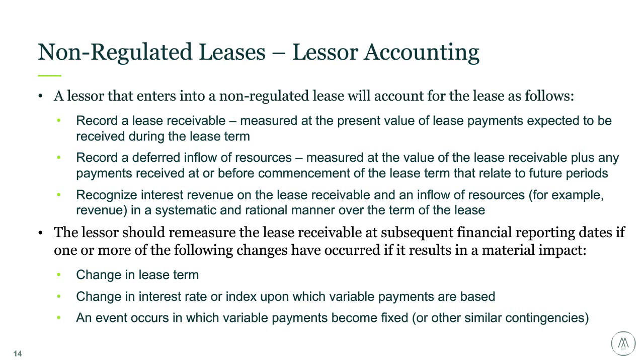If that lease receivable is remeasured for any of those reasons, the receivable should also be adjusted for any change in index or rate used to determine those variable payments, if that change is expected to be a significant impact to the amount of the receivable since the last time you measured it. If there is a change in lease term or interest rate, then you also have to factor in the discount rate and whether it needs to be updated as part of the remeasurement.